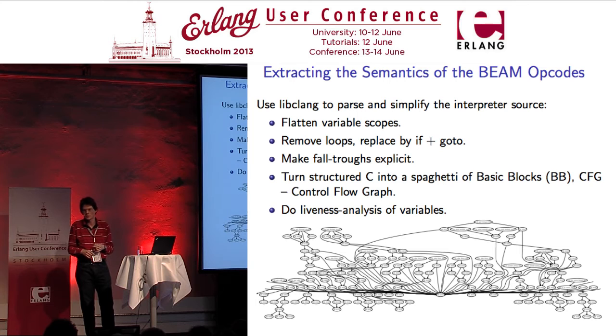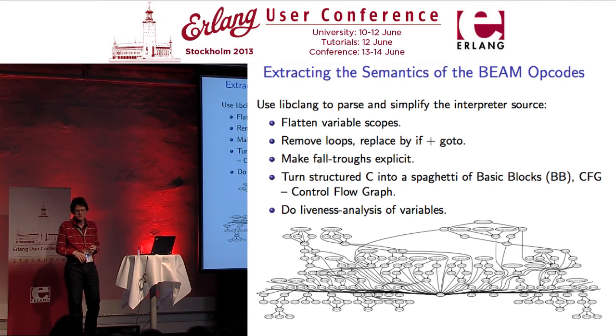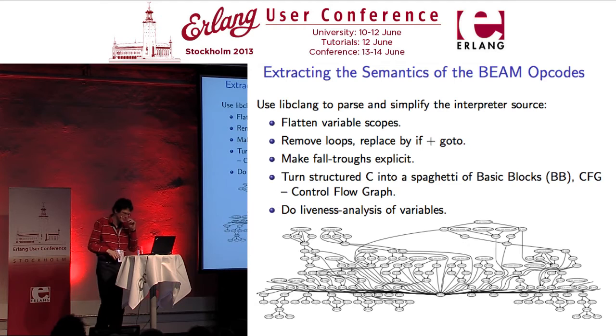So what we're more or less creating is the control flow graph. And then when we have the control flow graph, we do liveness analysis on all the variables in it. And the illustration here is a part of the control flow graph of the Erlang interpreter. It's probably a tenth of it. I couldn't fit anything more on the slide.